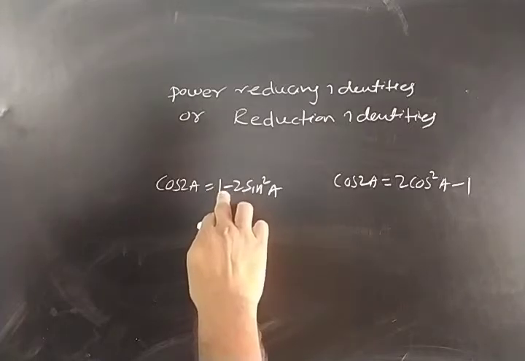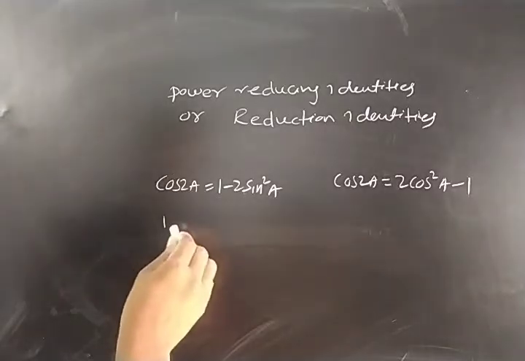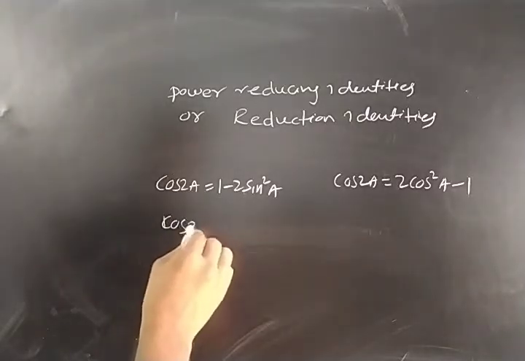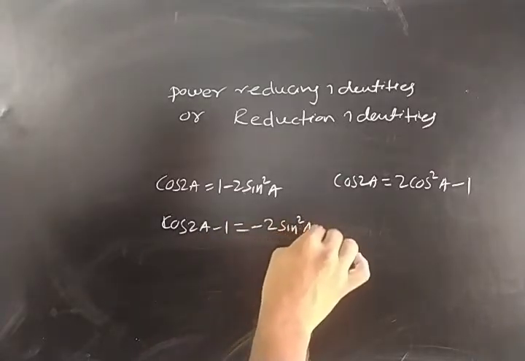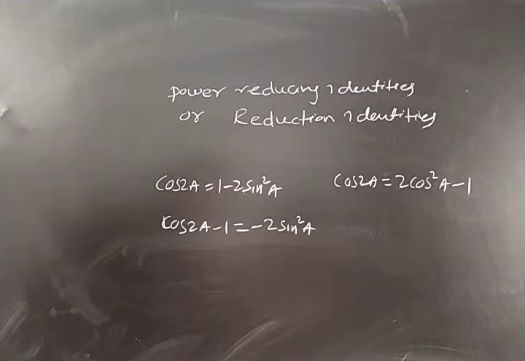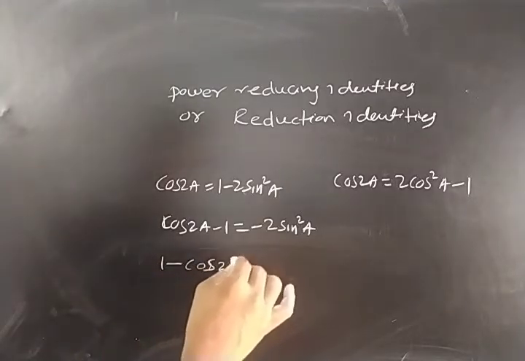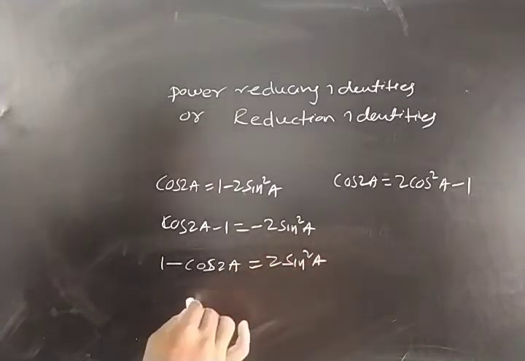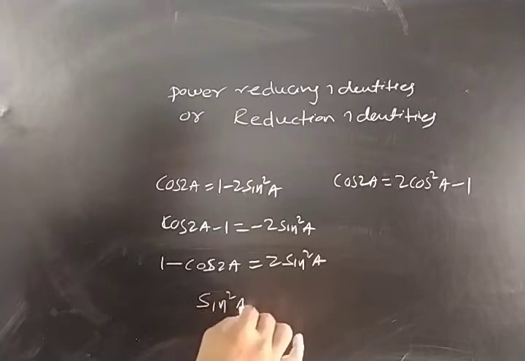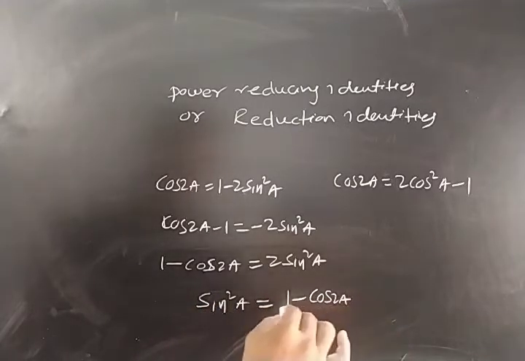By sending 1 to the left-hand side, you will get cos 2A minus 1 is equal to minus 2 sine square A. If you multiply with minus on both sides, it becomes 1 minus cos 2A is equal to 2 sine square A. I am dividing by 2 on both sides, so you will get sine square A is equal to 1 minus cos 2A by 2.